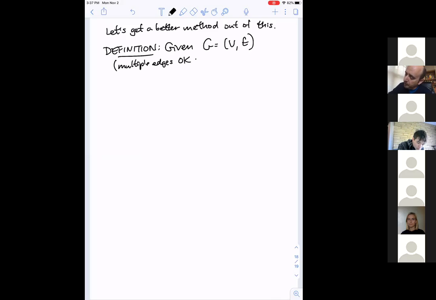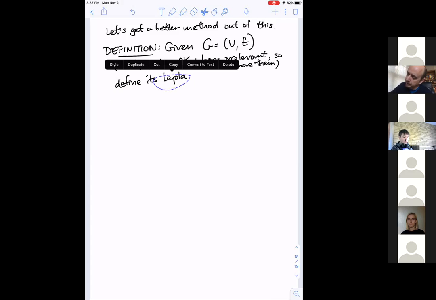The loops will be irrelevant, you'll see. So we may as well assume that they're not there, so remove them. Okay, I'm going to define a matrix called its Laplacian matrix, after Laplace.